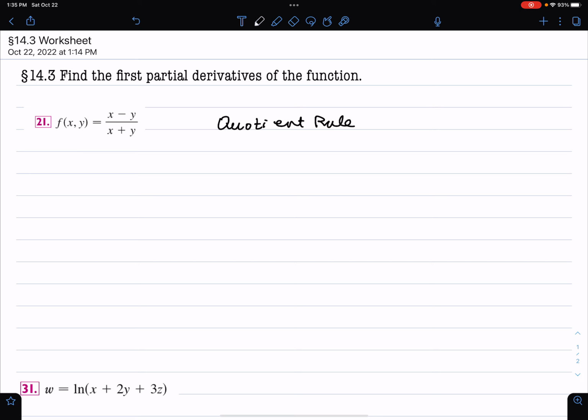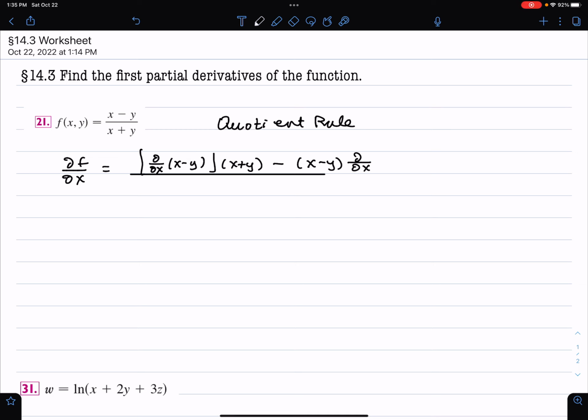So I'm going to write df dx, and what I do is I take the derivative of the numerator and then I multiply that by the denominator. Subtract, I leave the numerator alone and take the derivative of the denominator, and then all of that is over the denominator squared.